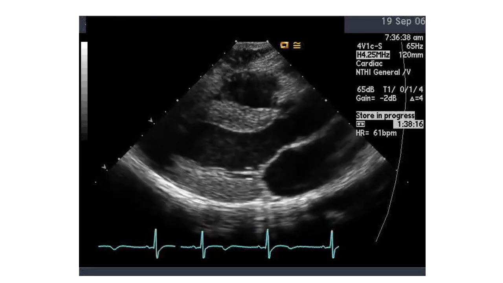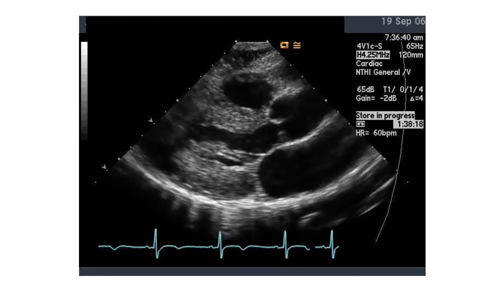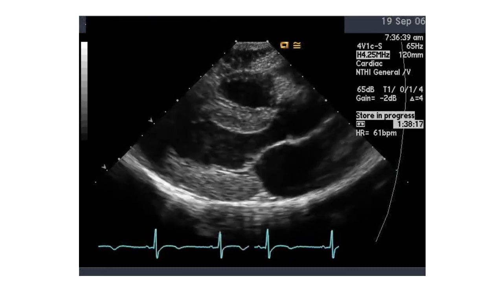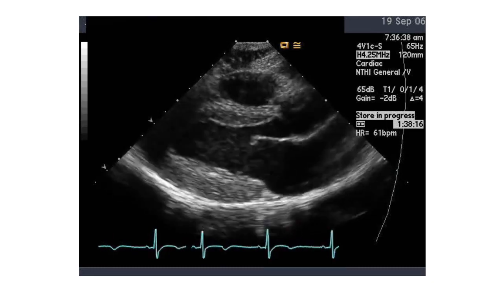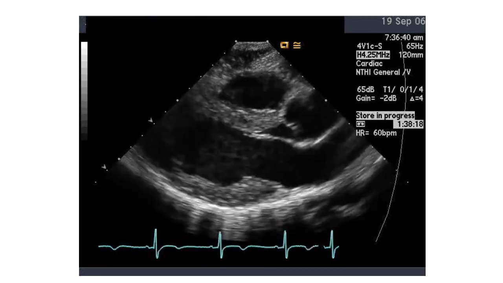So in parasternal view, this is a video showing the long axis of the heart, and this is a long parasternal long axis view.